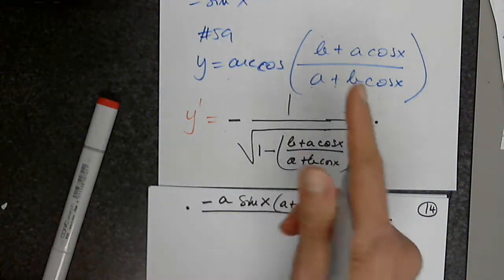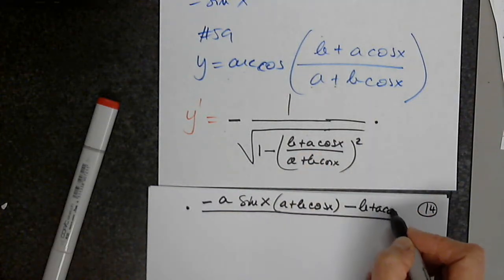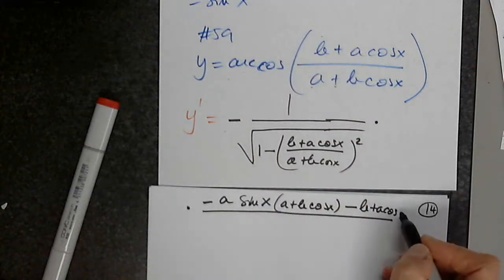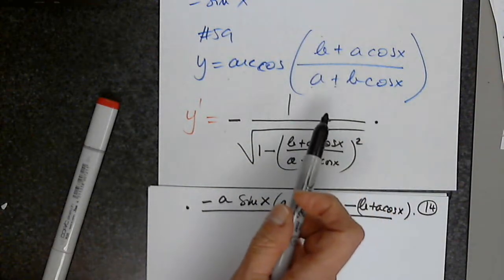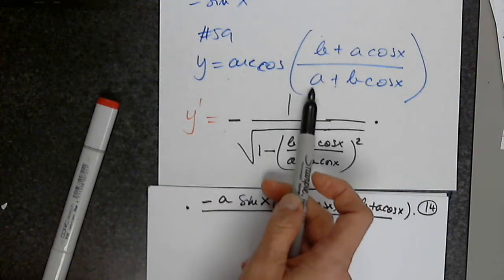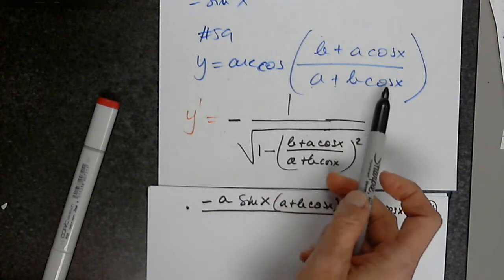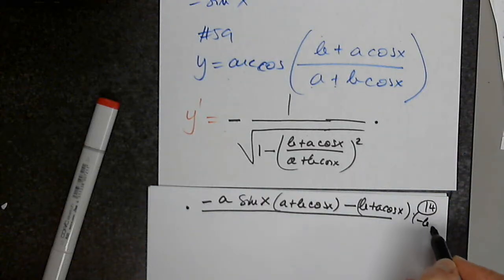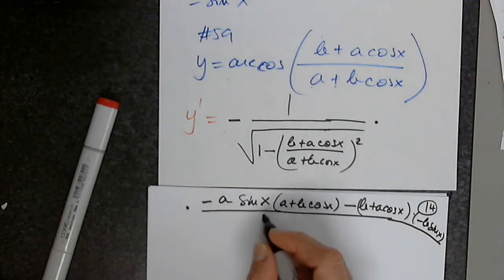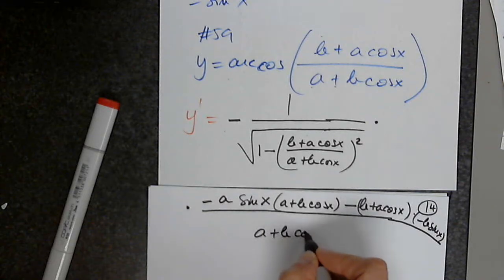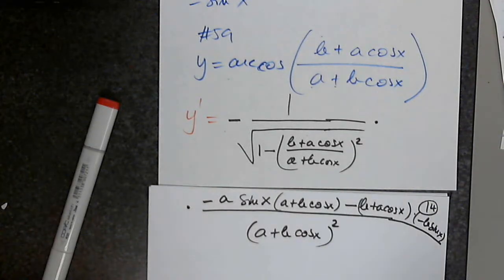Minus the numerator. B plus a cosine x. I have a fly in there. Times the bottom prime. This is 0, and this is negative b sine x. Negative b sine x. You already know I ran out of room. Over a plus b cosine x squared.